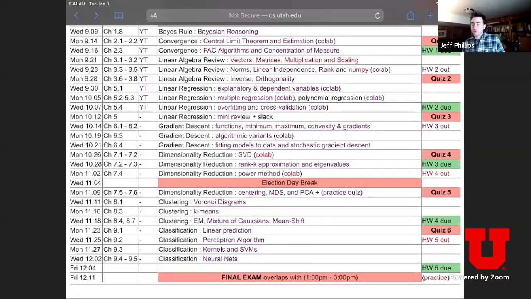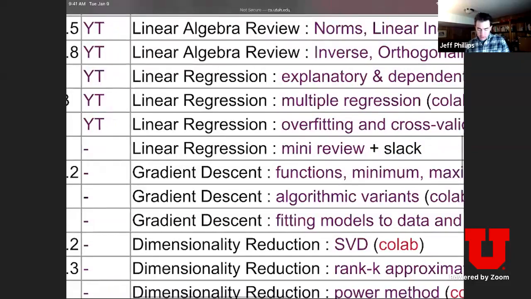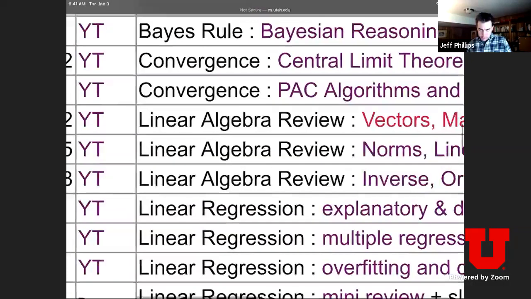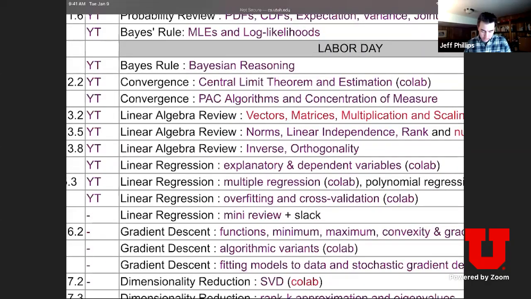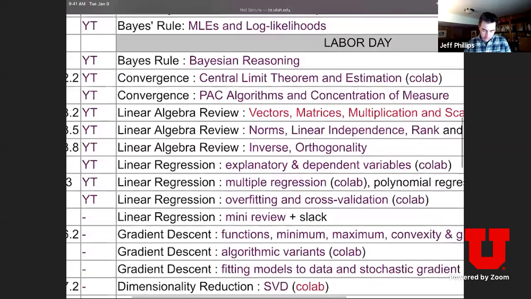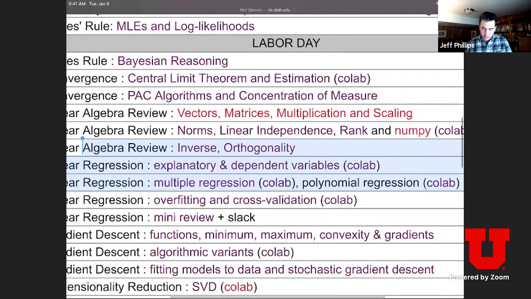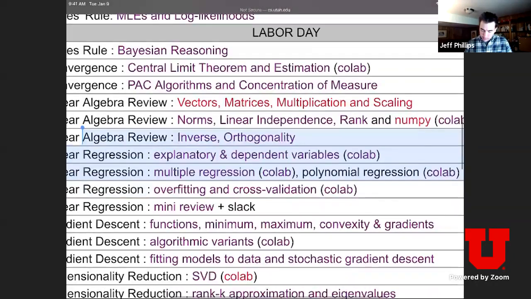So the question is, are overfitting and cross-validation going to be on the quiz? Yes, overfitting and cross-validation are going to be on the quiz. It's going to be these 4 lectures here. It's probably zoomed in too far, so let me see if I can do a highlight.